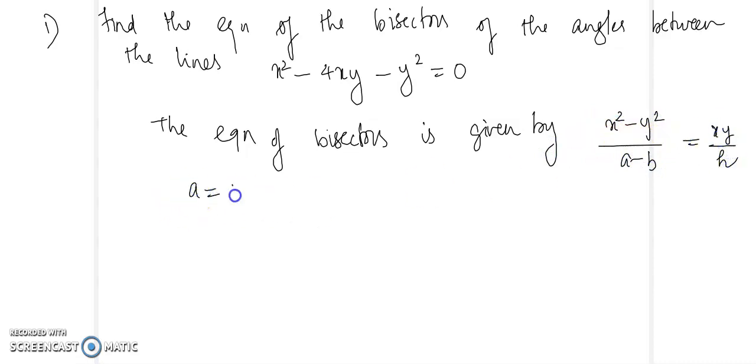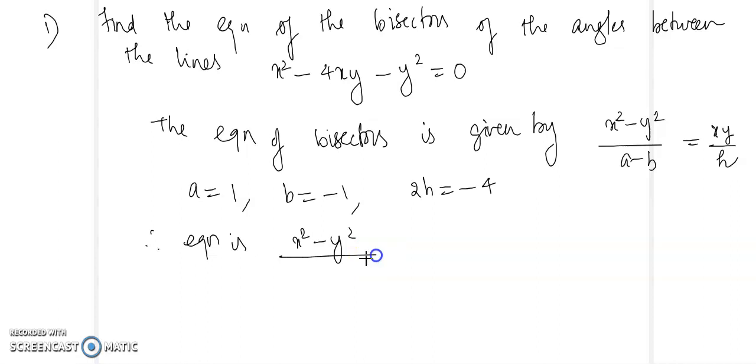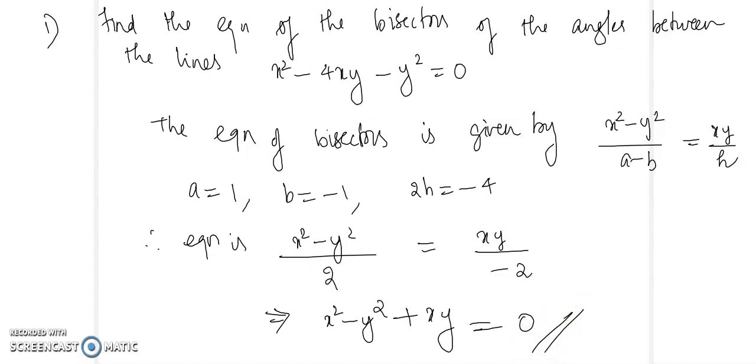And here a is equal to 1, b is equal to minus 1 and 2h is equal to minus 4. So therefore the equation is x square minus y square by a minus b will be equal to xy by h, and h is minus 2. So you will get x square minus y square, 2 cancels out, plus xy equal to 0. So this is the equation of the bisectors.